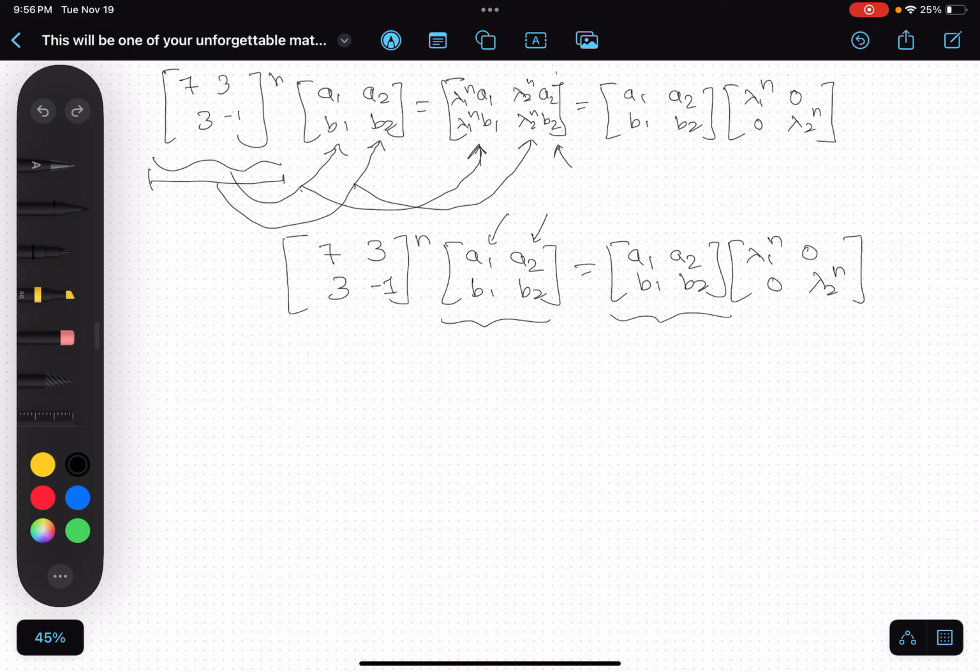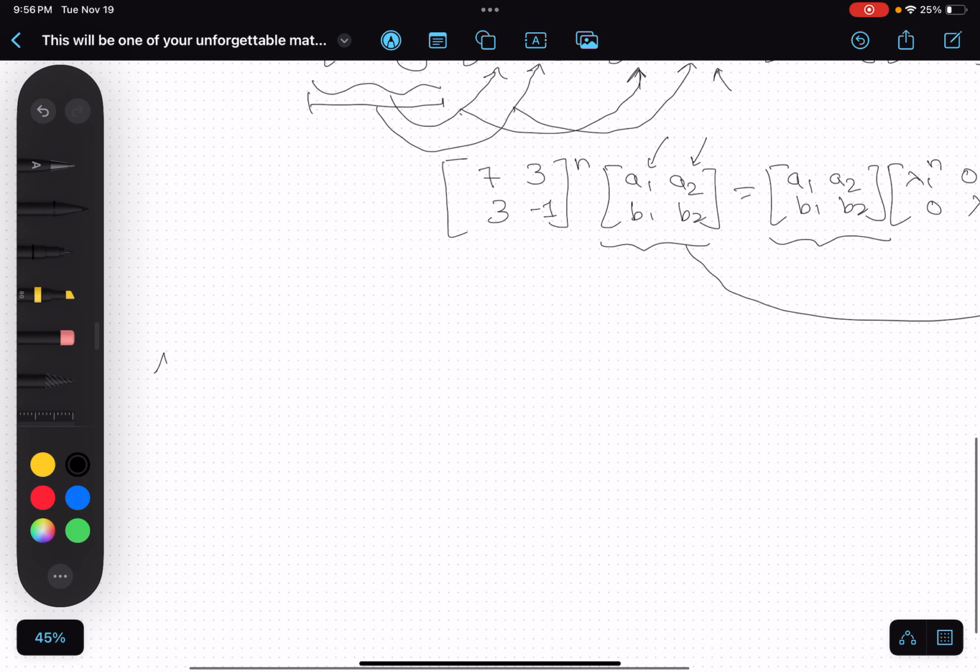Now notice that if I take this to the other side over here, this will turn into an inverse, right? We know that if, let's say, M A is equal to B, and I take A to the other side, this will be M is equal to B times A inverse, right? And also note that I cannot take A over here in front, because in matrices the order of multiplication matters, right?